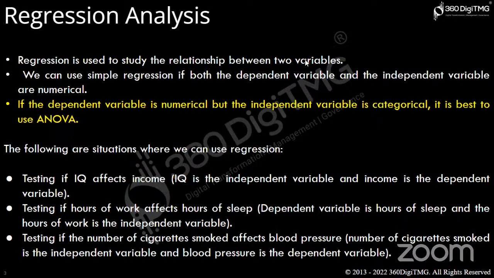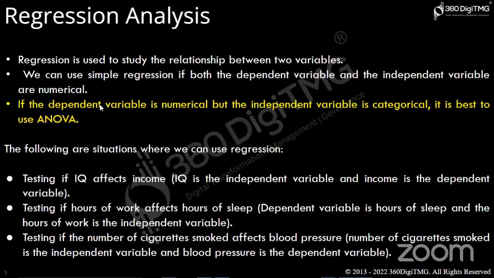Usually the examples that I give for regression: if we are testing whether IQ affects income, more IQ, more income. IQ is the independent variable and income is the dependent variable.